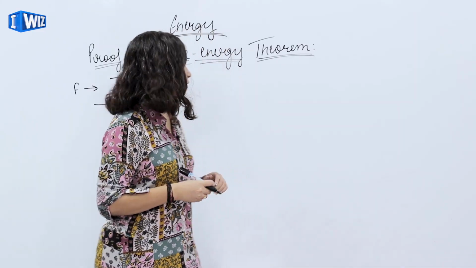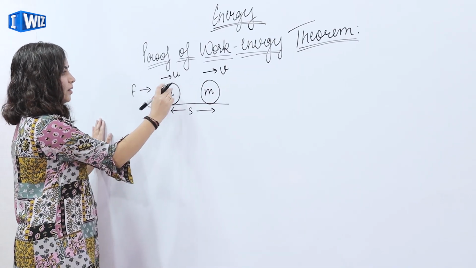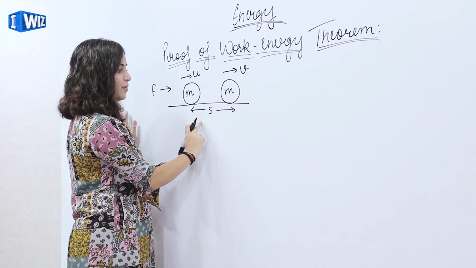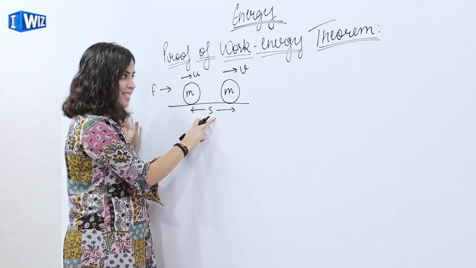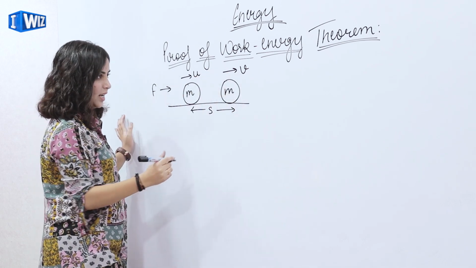Now let's prove the work energy theorem. For that we consider a diagram. Mass m with initial velocity u displaces some distance, say s, and moves with velocity v, and force is applied.